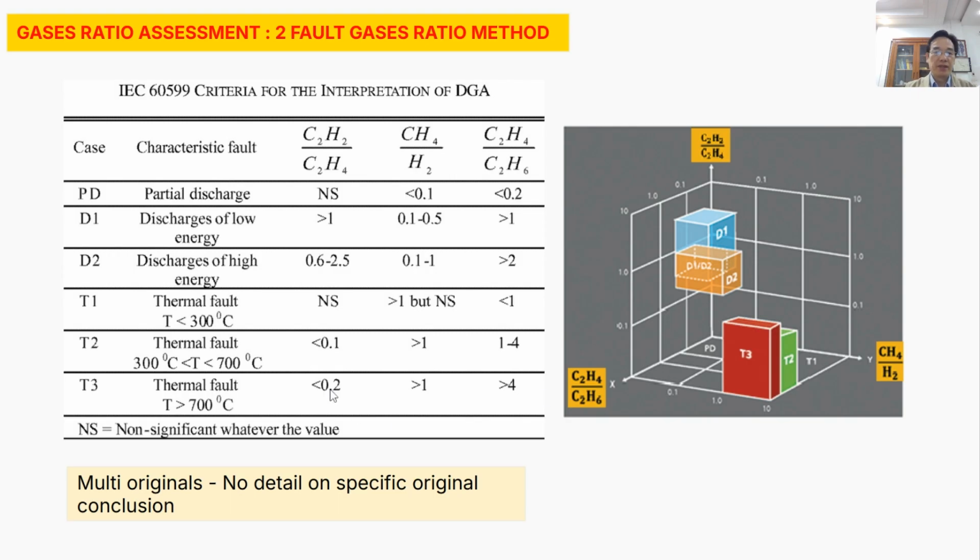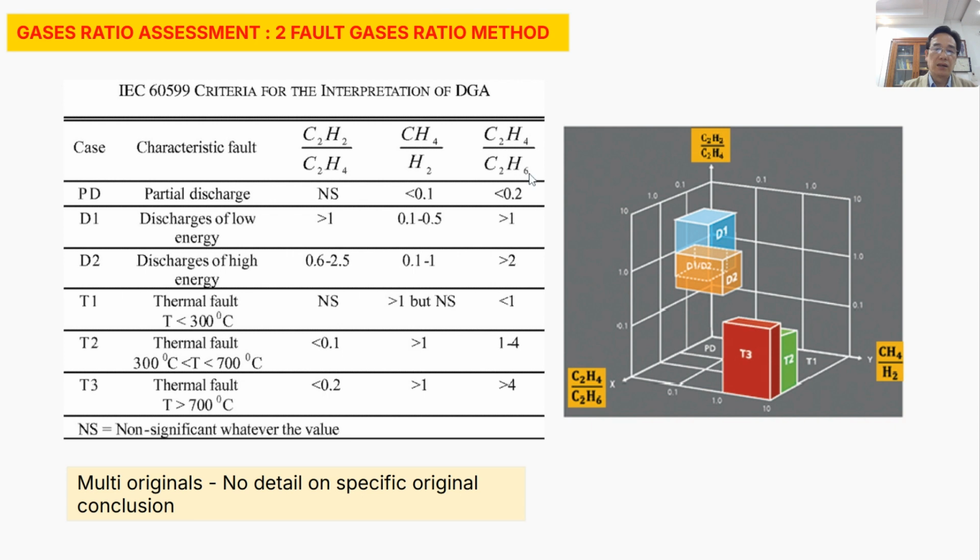Then here we have the method to interpret the results we have from the lab. That is IEC 60599. With this standard, we consider the ratio of two gases. We have three ratios of gases to be considered in this standard.